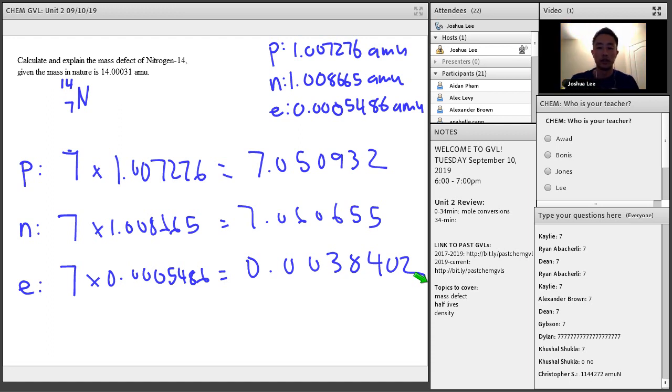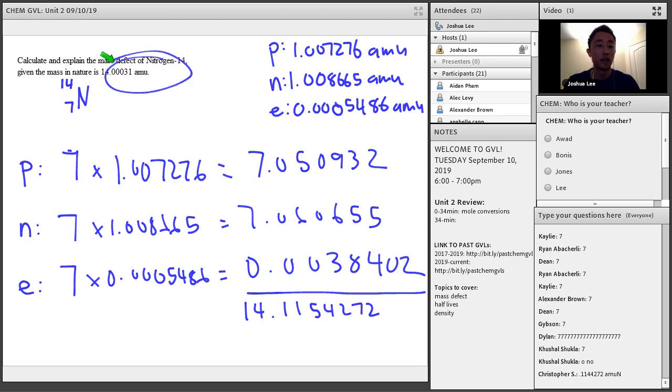We get 14.115472. So let's add these all up. 14.115472. Hopefully these numbers are the same as yours. Then we subtract the mass that's found in nature, 14.00031.